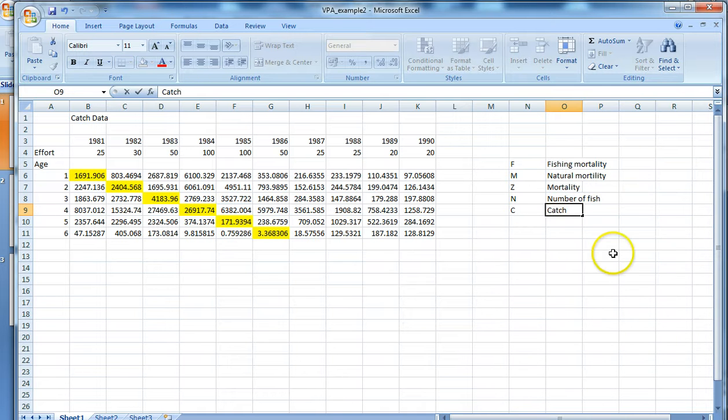I think that's all of it. And what we want to be able to do is to follow through a cohort of fish and work out how they've been affected over time.